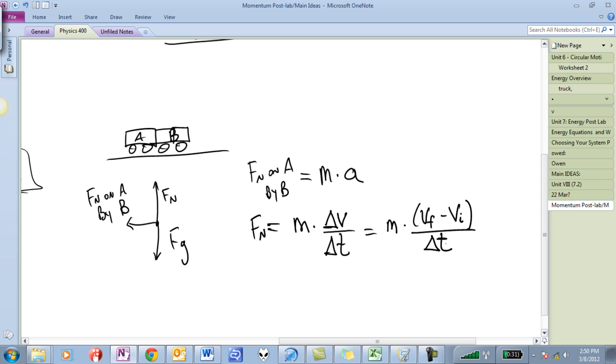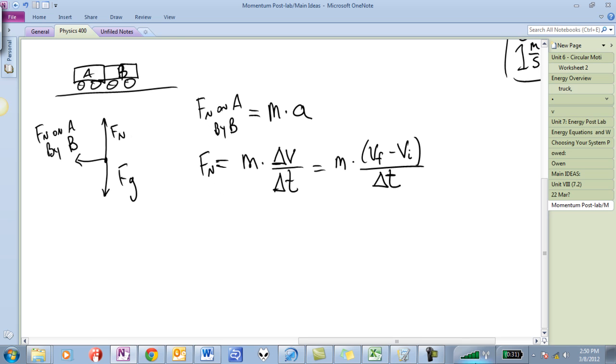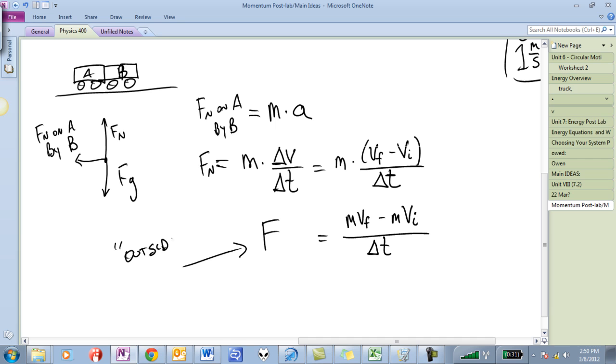And you start to realize that we can actually simplify this down. And you can start to see momentum start to appear. M times Vf minus M times Vi all over delta T is what we have over here. And remember, we still have F. This is now what we can call an outside force, which is causing a change in momentum.